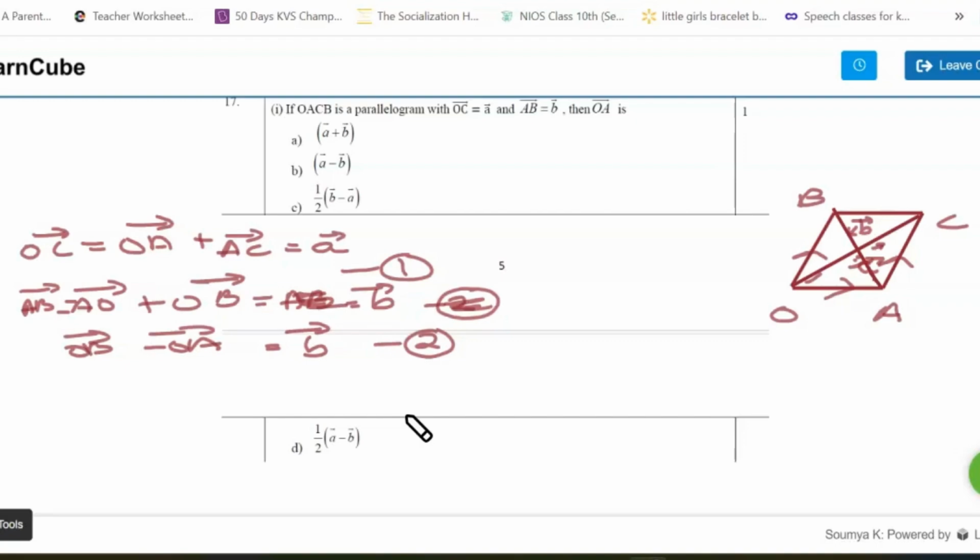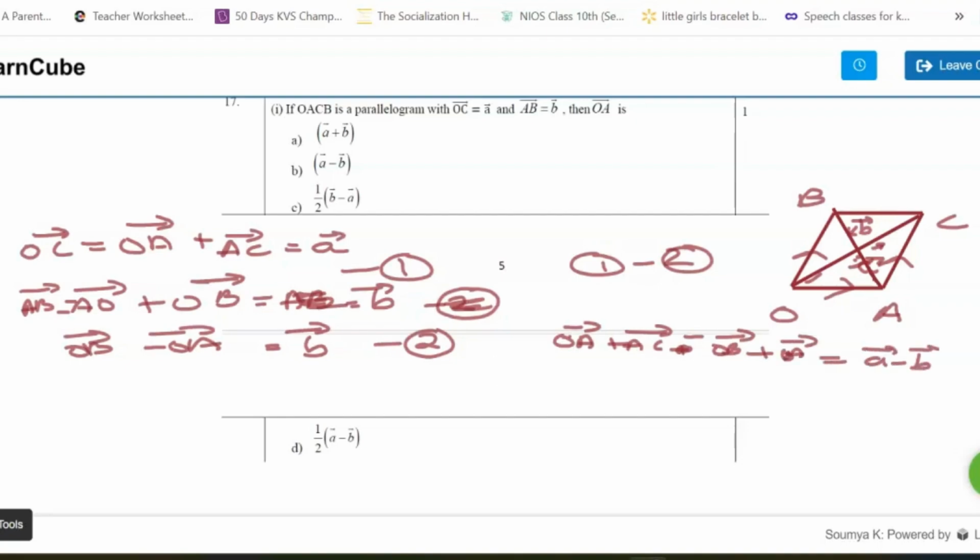Now equation 1 and 2. Equation 1 can be subtracted from equation 2. In that case, what happens? You will get something like OA plus AC, minus, OB plus OA, which is equal to A and B subtracted on the right hand side.